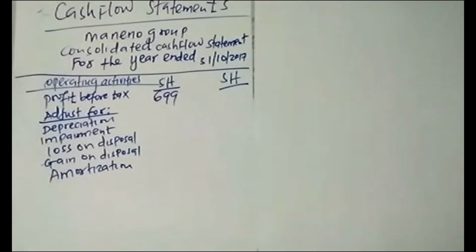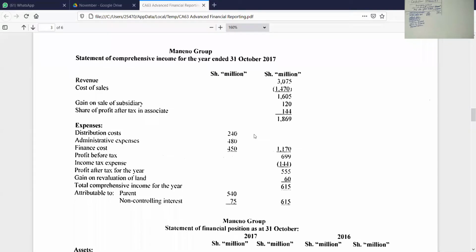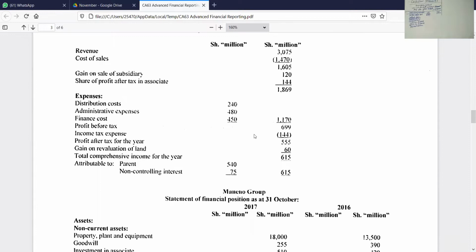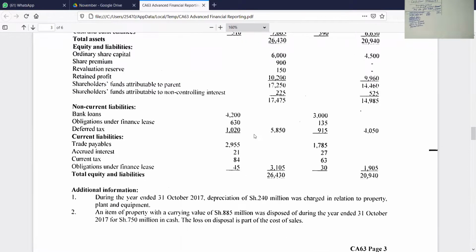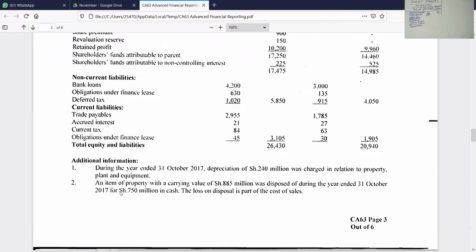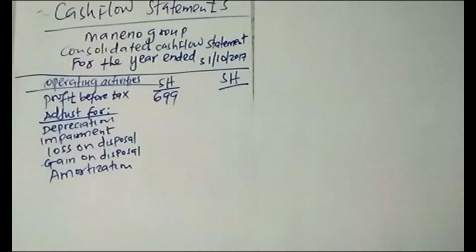In questions whereby you are not given depreciation, you have to open a depreciation account. But in this scenario, you were given depreciation. During the year ended 31st October 2017, depreciation of 240 was charged to property, plant, and equipment. So that is the 240.